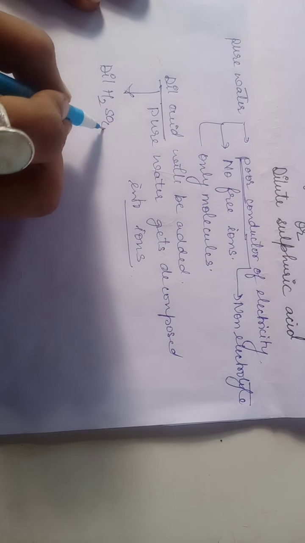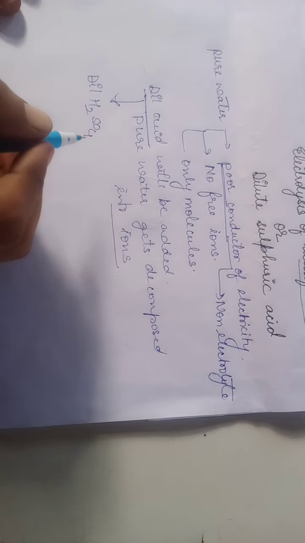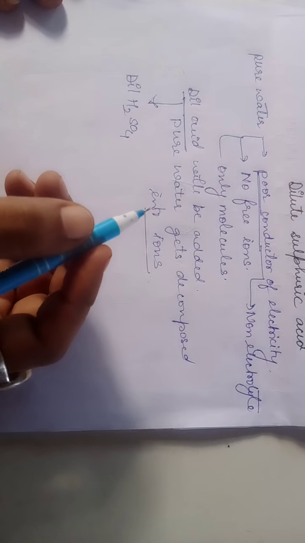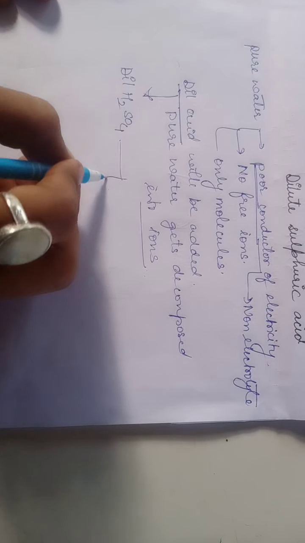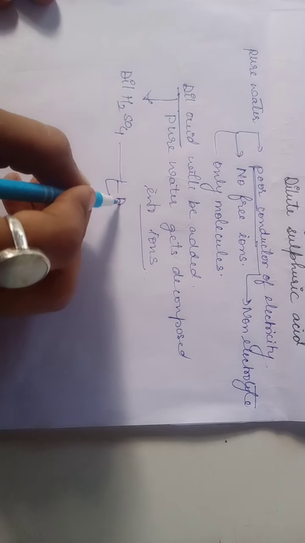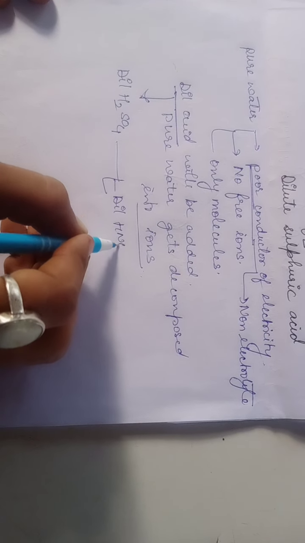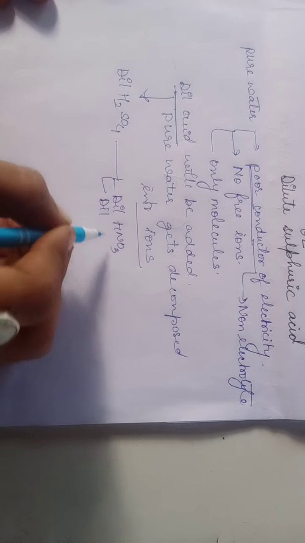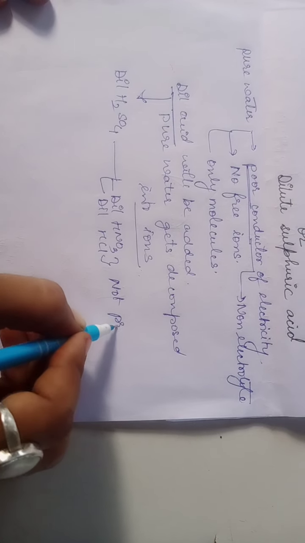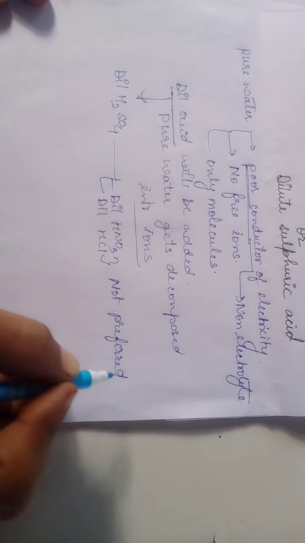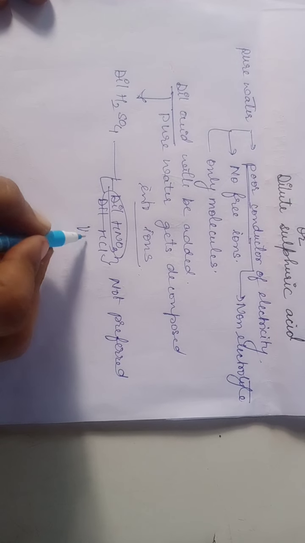Children, why not dilute HCl or dilute nitric acid, HNO3? These acids are not preferred. Why, children? Because they are volatile in nature.